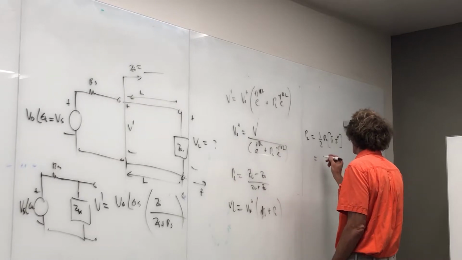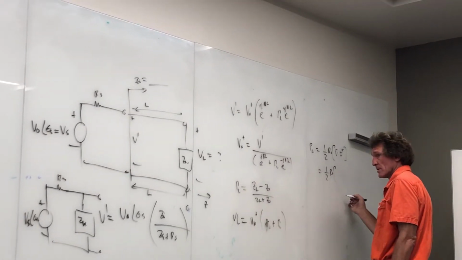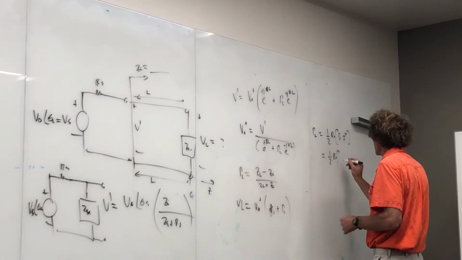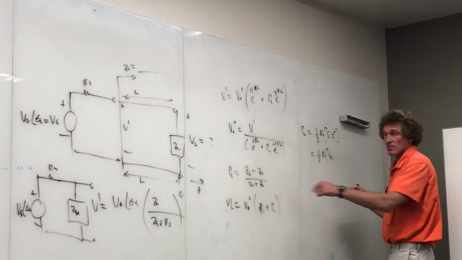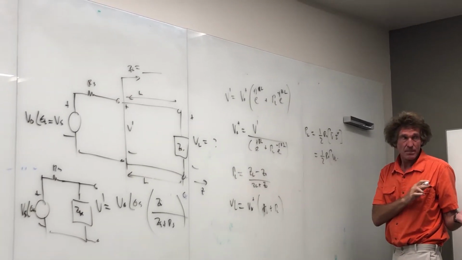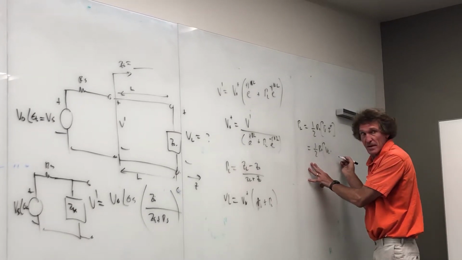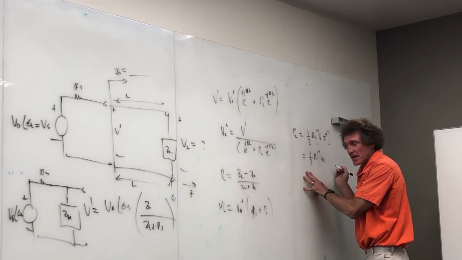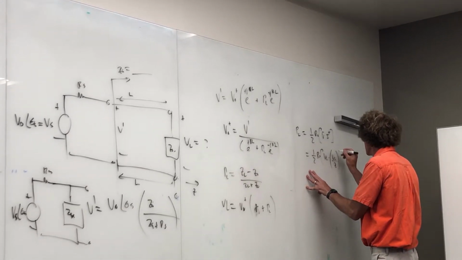Well, we got the voltage at the load, right? That's the voltage at the load right there, and it has a magnitude and an angle. Well, I is what? It's V divided by Z, right? And if we conjugate that, we can just take VL divided by Z and conjugate it.